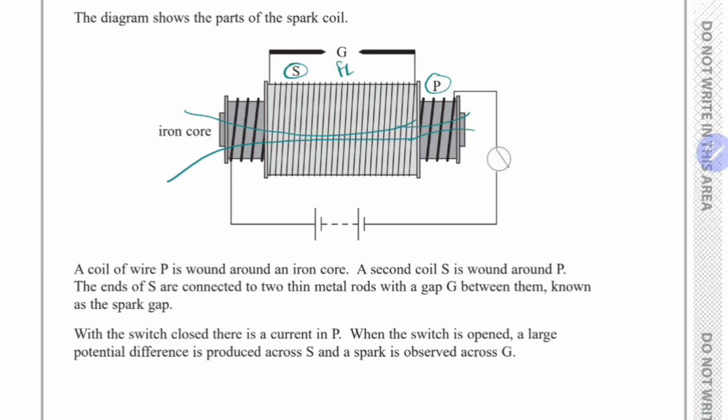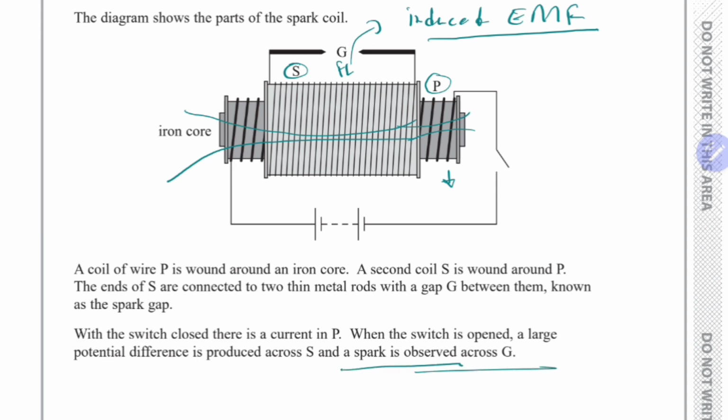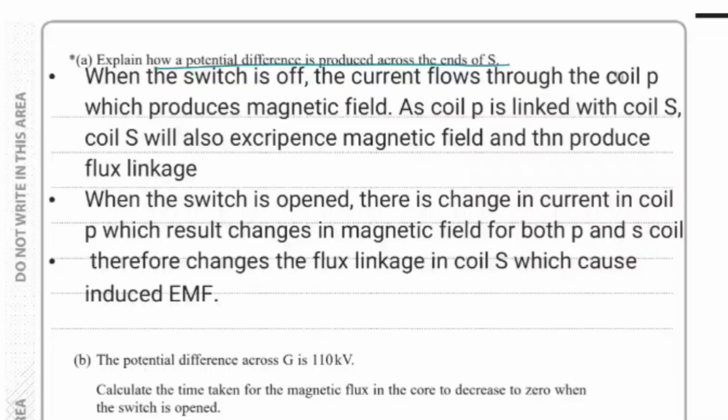When the switch is opened, there will be a slight difference in current in the primary coil, which results in the change in magnetic field, which therefore cuts the flux lines. And cutting the flux lines will cause induced EMF. And hence, this induced EMF will create a spark which is observed across G.